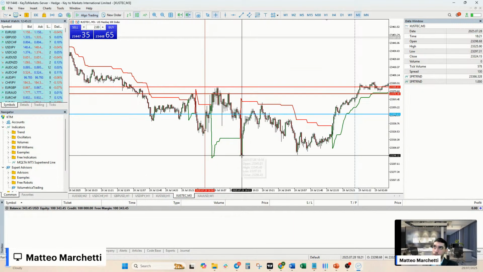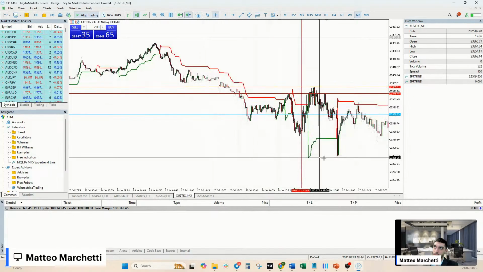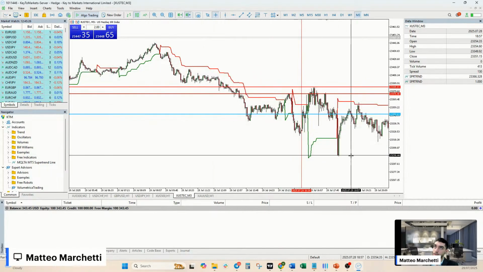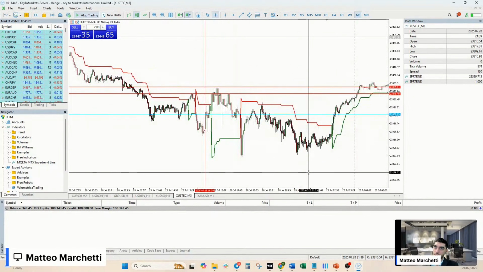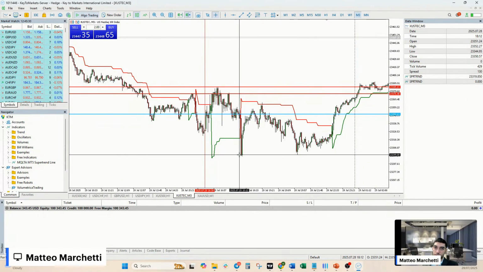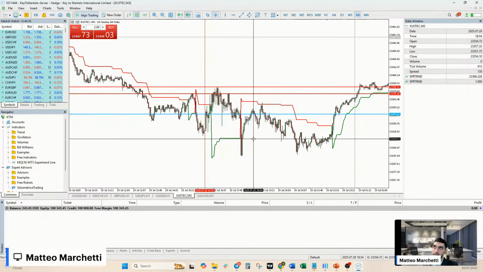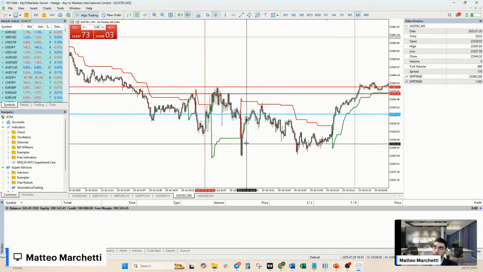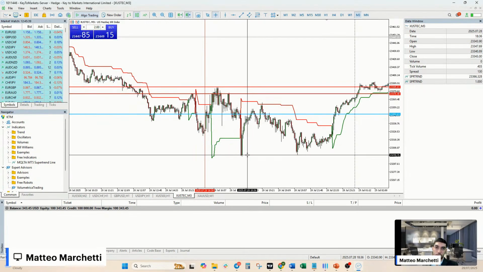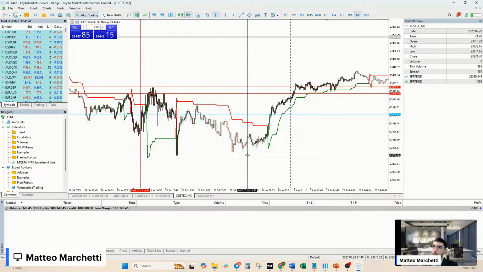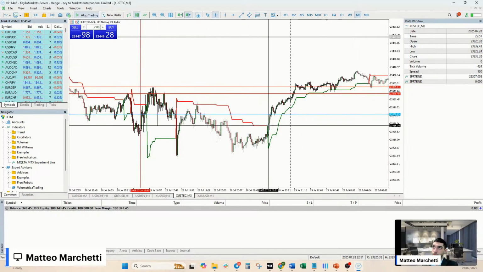Okay, and I don't like to enter short at this level. This was also the lowest low of the trading session, and I don't want to go short at the very low of the trading session, especially considering that the super trend has been broken by a significant amount of points. Okay, then for the rest of the day we have other interesting opportunities here.